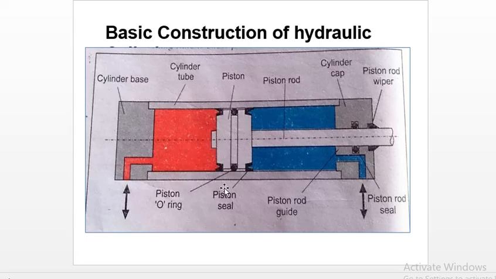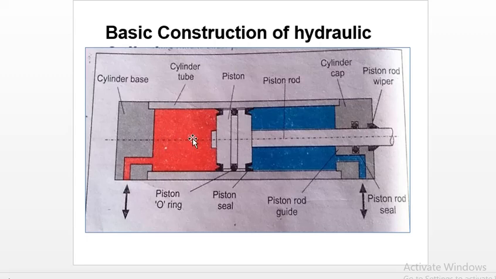Then piston o-ring is used to provide smoothness during the operation, to avoid friction and to prevent the dynamic leakages of the oil. So this is when the two ports are there. Here is one of the ports, shown by the blue portion, and this is the other port, shown by the red portion.